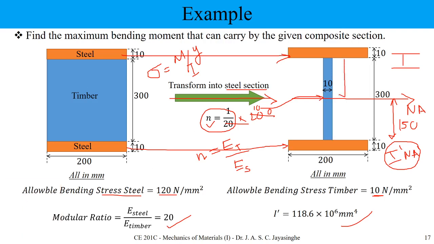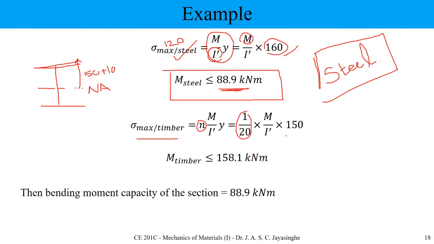This length, 150, no? The maximum we can see in here, okay? In this steel we can see here, okay? So that's 150. So if you're using timber, the maximum value, this is 10, no? 158. But we know if you're using fully timber, this is the bending capacity. If you use steel, this is the bending capacity.